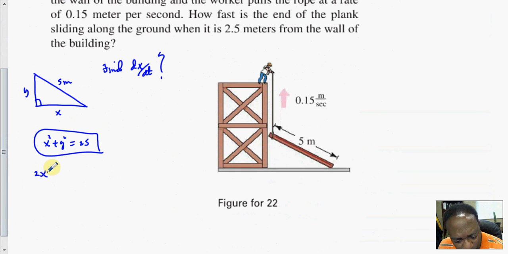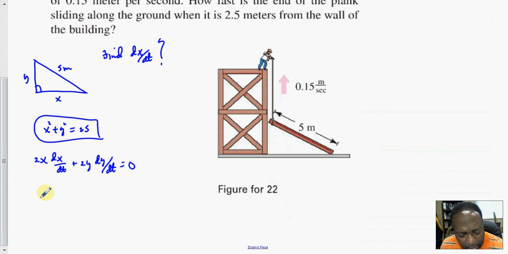Here we get 2x times dx over dt plus 2y times dy over dt is equal to 0. And so since we're looking for dx over dt, if you isolate that and divide through by 2, we have y over x, and it's negative dy over dt. Very similar to the previous problem.